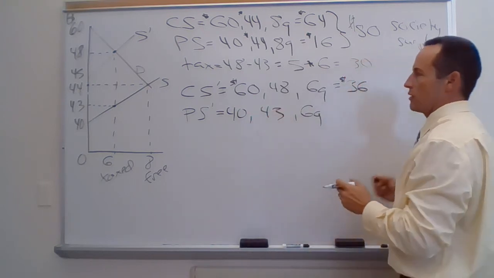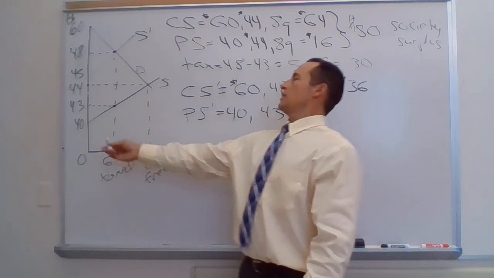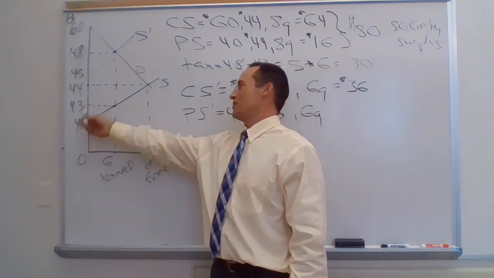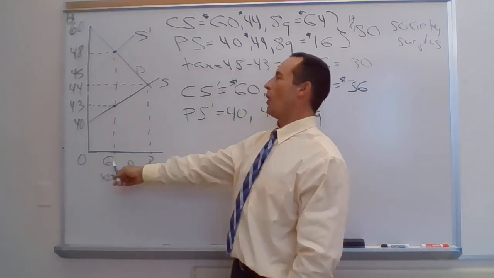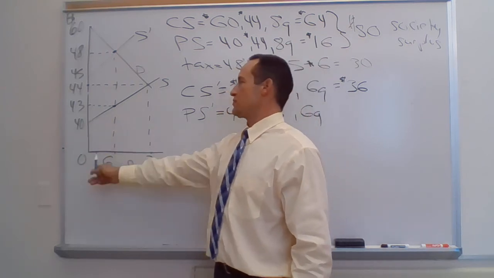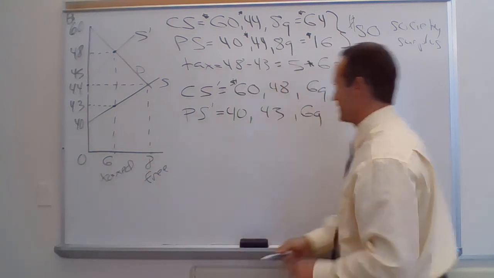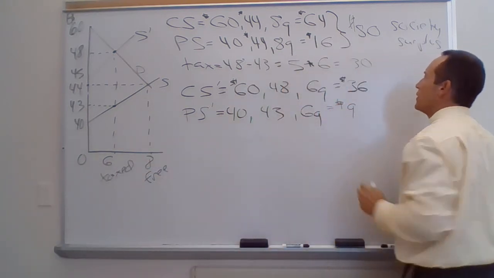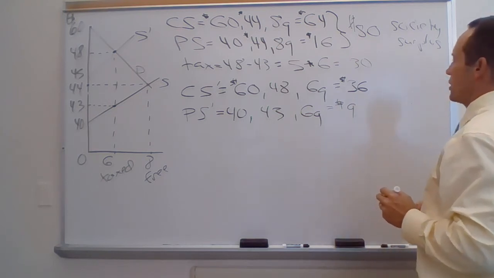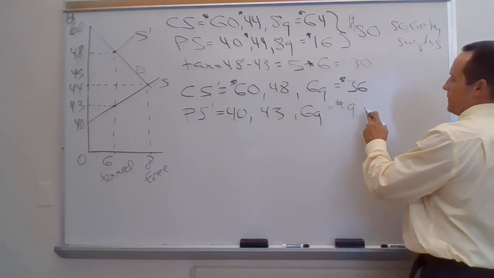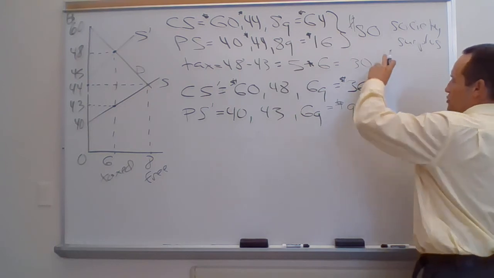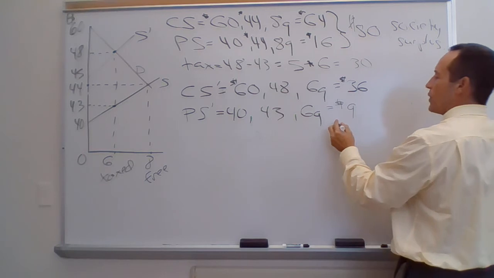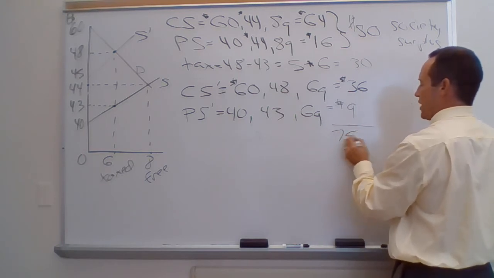So here's a triangle, pardon me, that's only 3 units tall, 6 units wide. 3 times 6 is 18, half of 18 is 9. Forgive me for jumping the gun. So we have 9, 36, and 30, so this is 66 plus 9 is 75. We have $75 in value that is accounted for.